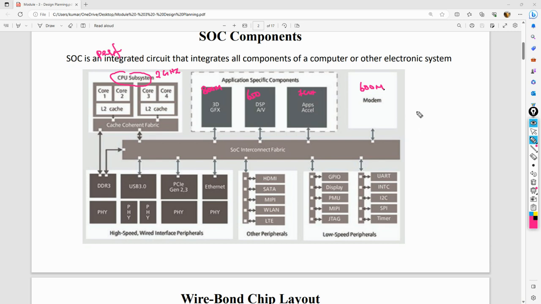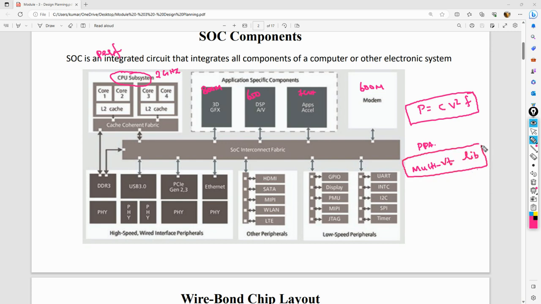Now, P is equal to C V squared F. We will cover these basics again. The higher the frequency, the more power you will consume. So you try to optimize your design in such a way that you target your PPA. We have something called multi-VT libraries.